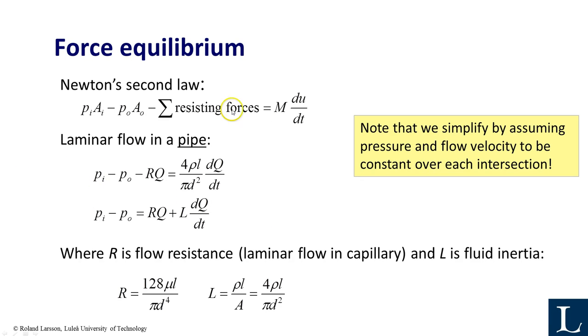So putting things in here and deleting the areas or moving the areas to the other end, then we get that the pressure in minus the pressure out is minus the resistance multiplied by the Q, which is a delta P in itself, plus something called the mass of the element divided by the area multiplied by the dQ/dt.